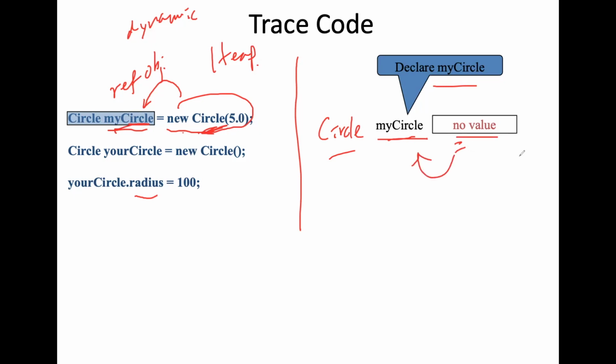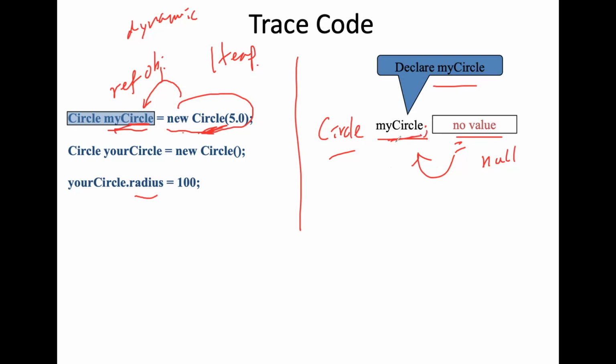So by default, there is a null keyword associated with this. This means my circle is not pointing to anything. This also means that this reference variable has just been declared without any assignment. When doing that, you have to have a semicolon here.